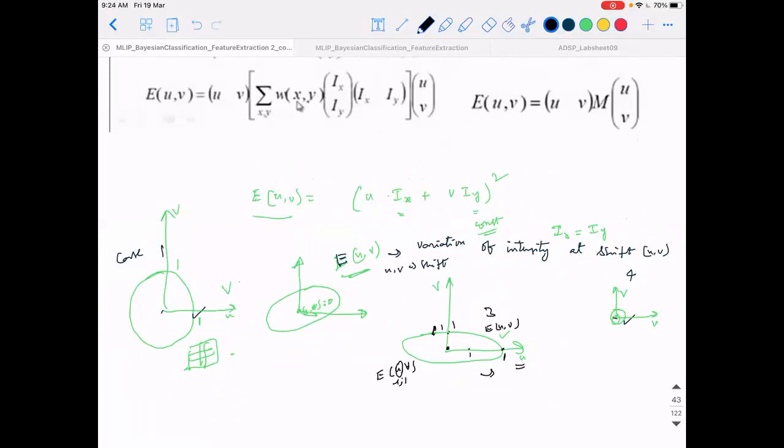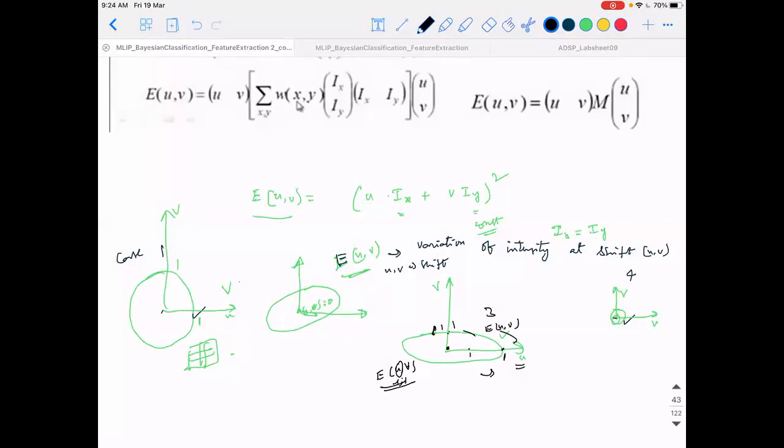Sir, but this contour that you drew is a contour where E of U comma V is constant, right? Yeah, right. So for a constant contour, from the origin, if we take the distance in the V direction, it is lesser than the distance in U, so higher variation. Correct. So if this contour is considered as constant E(U,V) values, then I think the interpretation is correct.